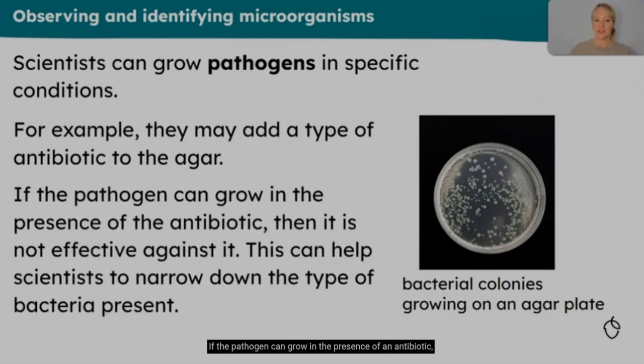If the pathogen can grow in the presence of an antibiotic, then it means that that antibiotic is not effective against it. It wouldn't kill the bacteria. This can help scientists to narrow down the type of bacteria present, but it can also help doctors to know what type of antibiotic might be the most effective against that type of bacteria.